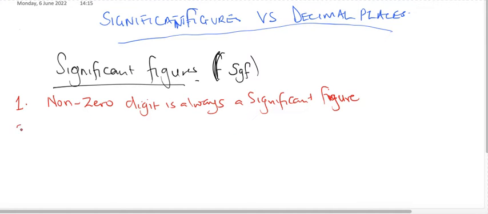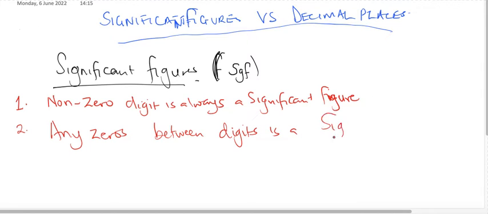Rule number two, any zeros between digits is a significant figure. I'll explain this in detail as we continue. Any zeros between digits are always significant.